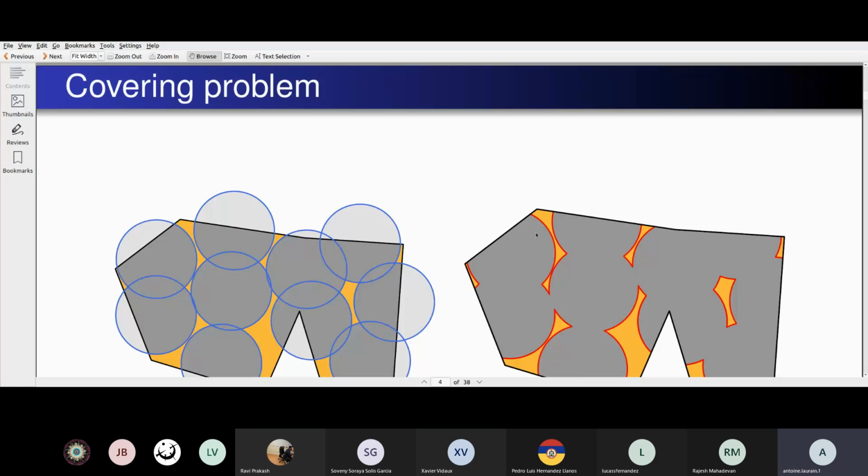And here in sub-figure B, I'm showing the intersection of omega with the polygon, so this gray region, okay? You can see the parts which are not covered are the orange parts. So the goal is that there are no more orange parts at the end of the optimization, and at the same time, you want the smallest radius of the disks possible.